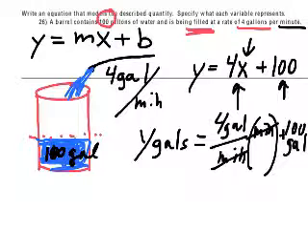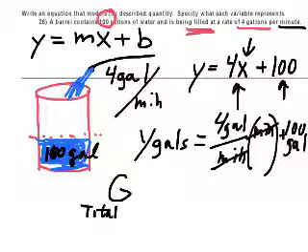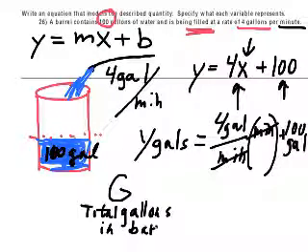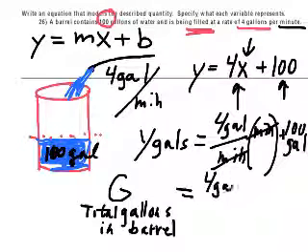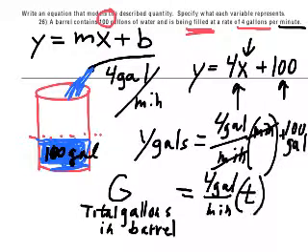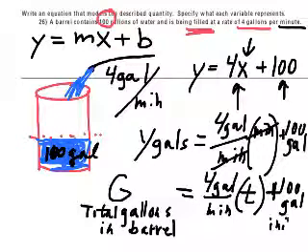So we could call it G for gallons, and then we could describe it as total gallons in barrel equals 4 gallons per minute times the time, plus 100 gallons already in there, the initial amount.